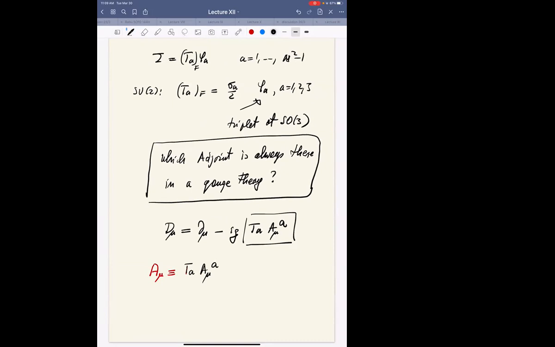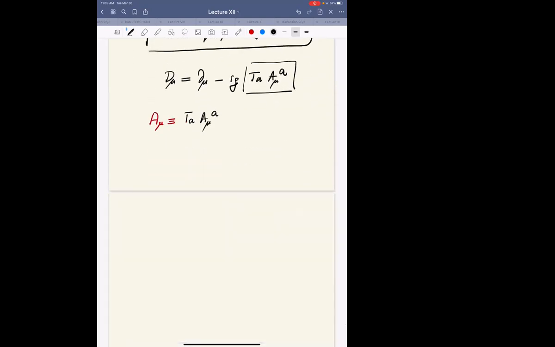You can introduce the matrix called A mu. This is now an adjoint, precisely. They're real fields, there are N squared minus 1 of them. And how does A mu transform?